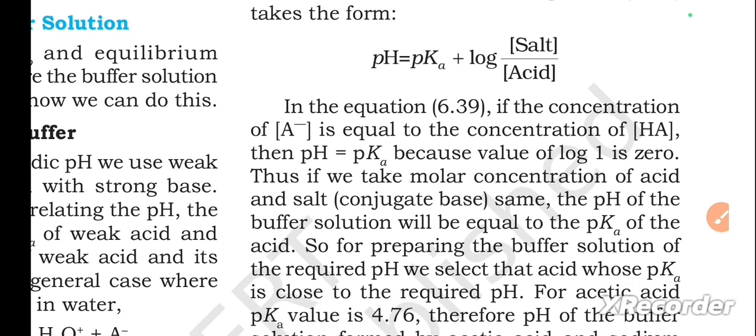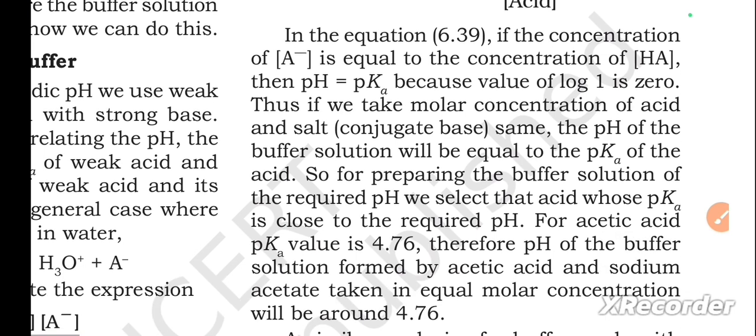In equation 6.39, if the concentration of A− is equal to the concentration of HA, then pH equals pKa because the value of log 1 is 0. Thus, if we take molar concentration of acid and salt, the conjugate base, the same, the pH of the buffer solution will be equal to the pKa of the acid.